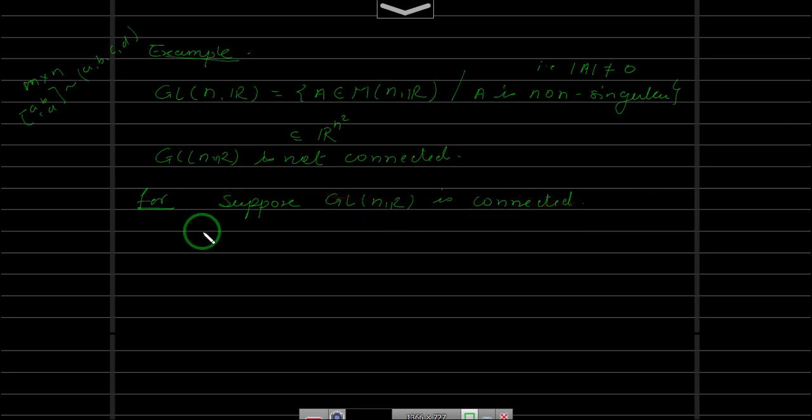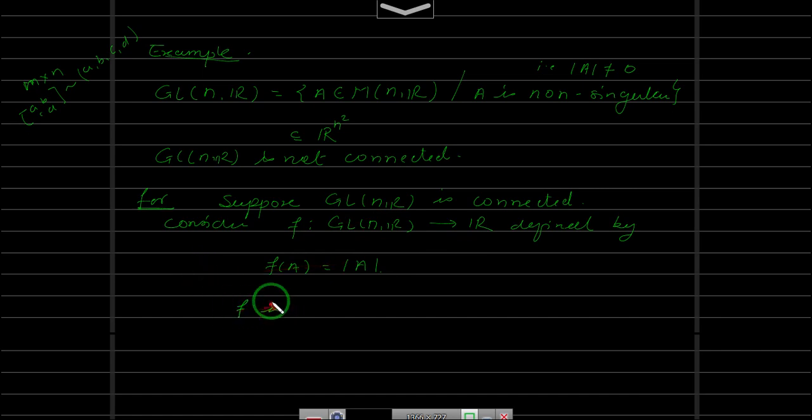We already stated earlier in the previous videos that the determinant is a continuous function, right? Consider a function f from GLnR to R defined by f of A equals the determinant of A. It will take a matrix to its determinant. Now f is continuous, since the determinant is a continuous function.